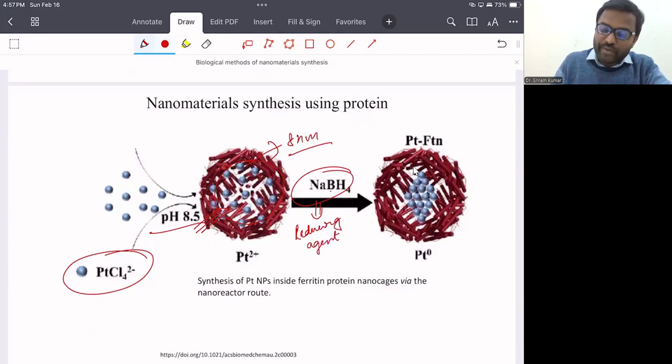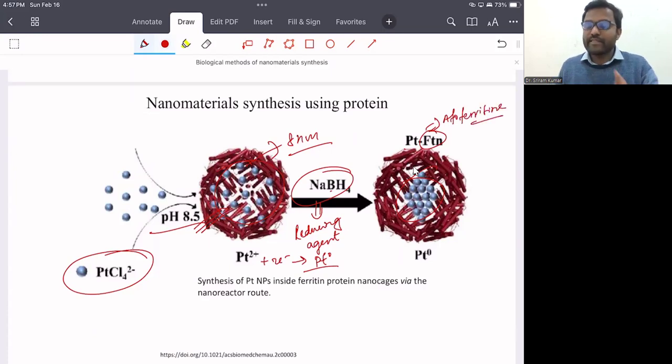So in the presence of NaBH4, platinum 2+ gets reduced to platinum 0. That is the mechanism. So this is the apoferritin, and this is the platinum nanoparticle modified with the apoferritin.